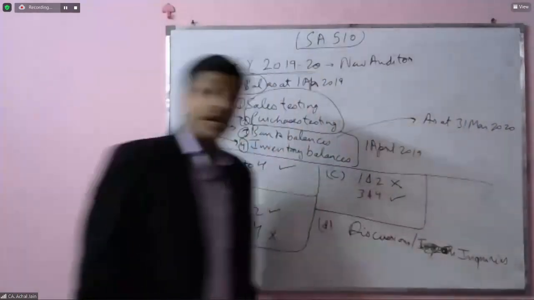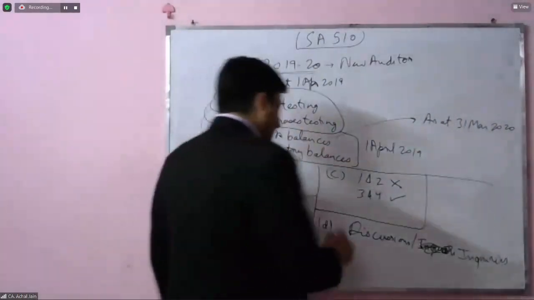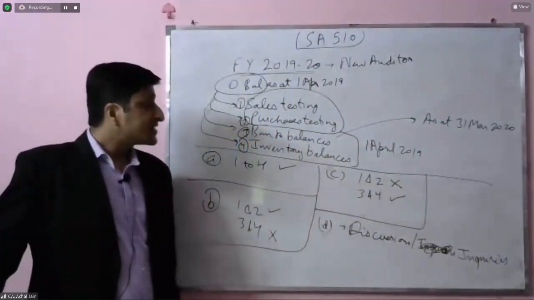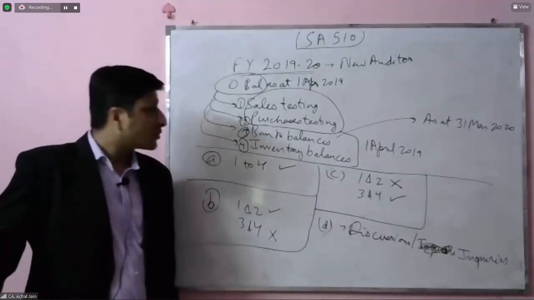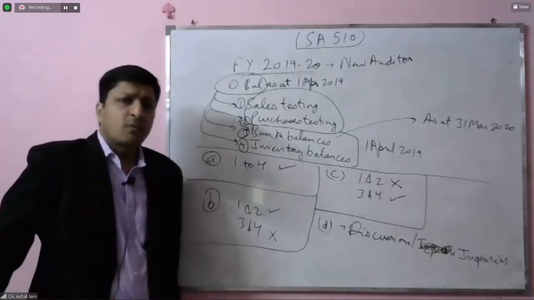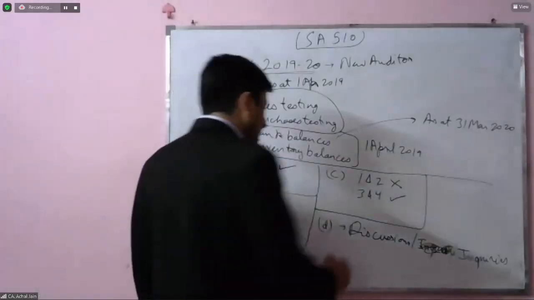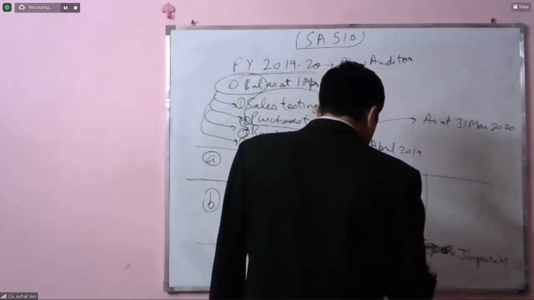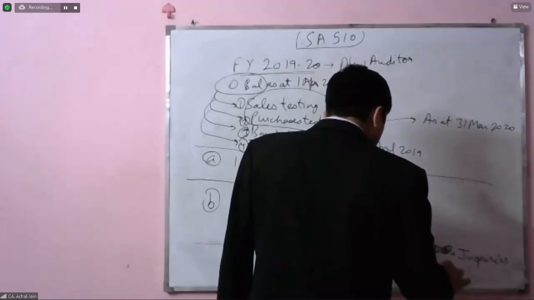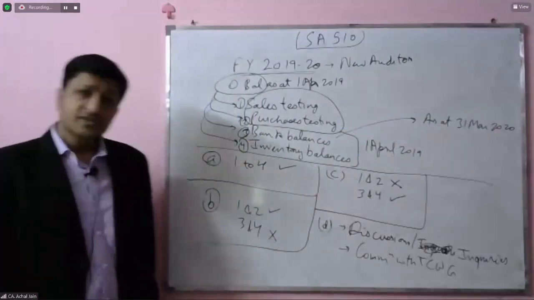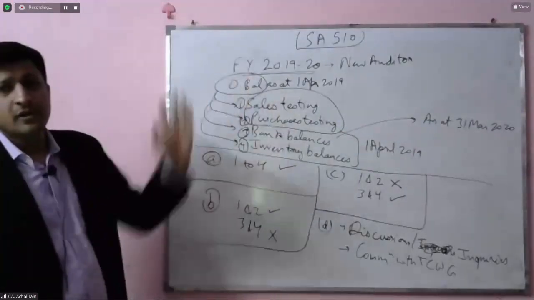And secondly, other than this discussion or inquiry, if there is anything that the auditor wants to consider out of these 4, he may have a communication with those charged with governance. If the audit report in the previous year was clean, and which is a fact. So in the previous year, audit report was clean.